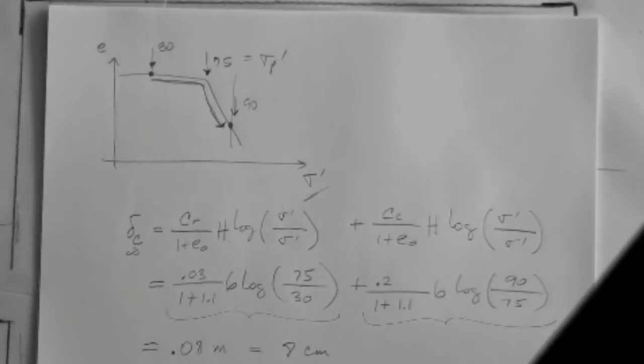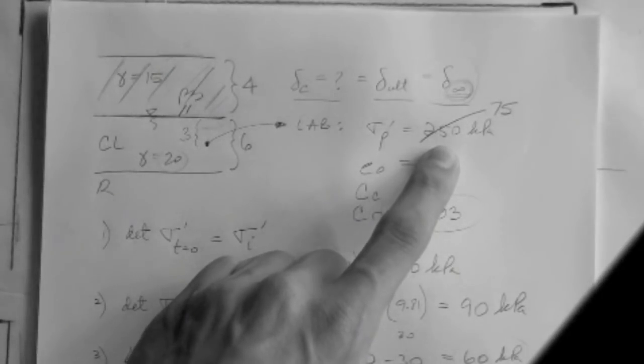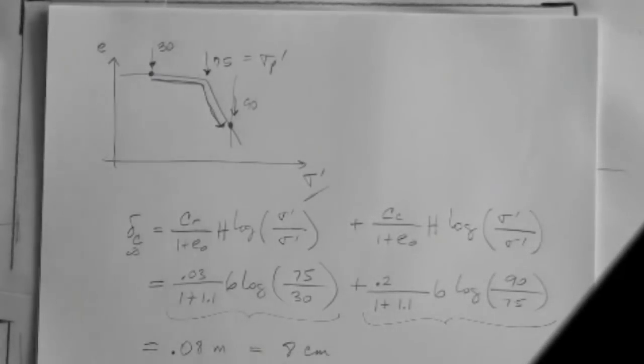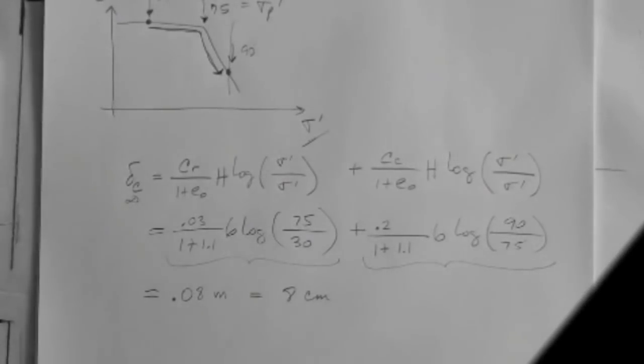So what you can do, of course, is take these two examples that we did. The first one with 250, and the second one with 75 as sigma p prime. Take both of them as two different examples.